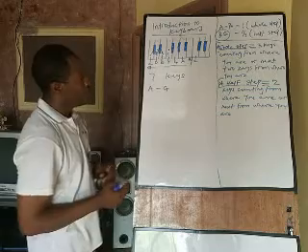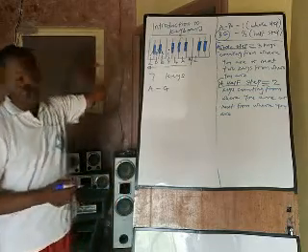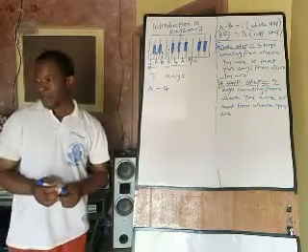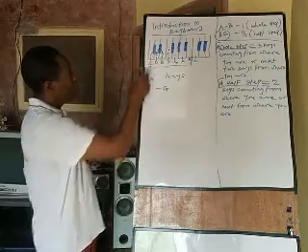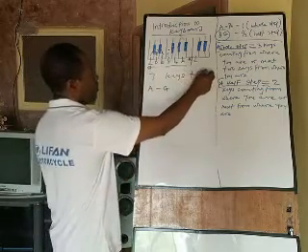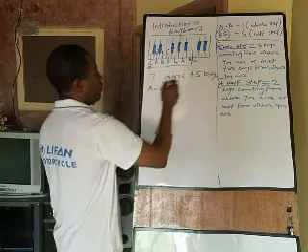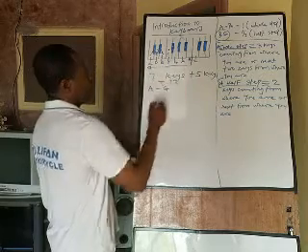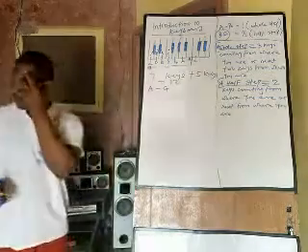Seven. But when we look at the black keys, there are 5: 1, 2, 3, 4, 5. So 7 keys plus 5 makes 12. So we have 12 keys altogether.